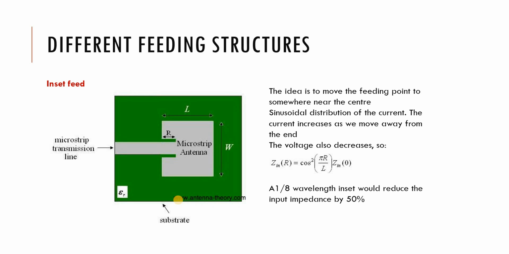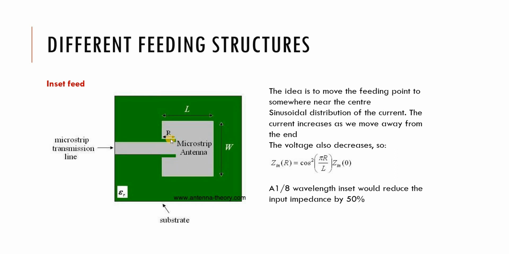So the voltage also decreases. You can see the input impedance at the point R has a cosine squared of pi R over L, and the input impedance at the 0 point here, which is the start of the microstrip patch antenna.